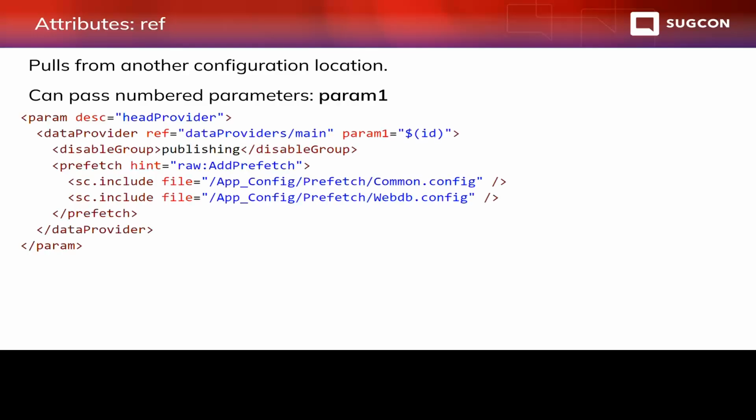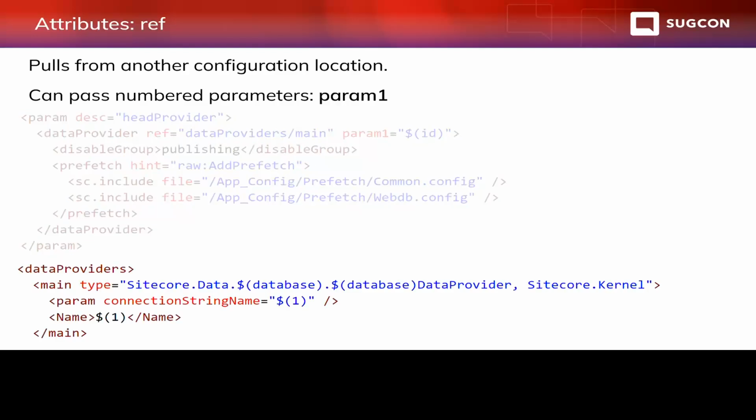You have this configuration that says we have to have a data provider, but there's not a type, which you normally see. You have data provider /main. And then param1, what the heck is that? Well, we know what $ID is. That's going to pull up an ID from a parallel element, which is going to be master or web or core. And then that gets passed down to data provider main. And you see the $1 gets slotted in. So connection string name equals core master web.